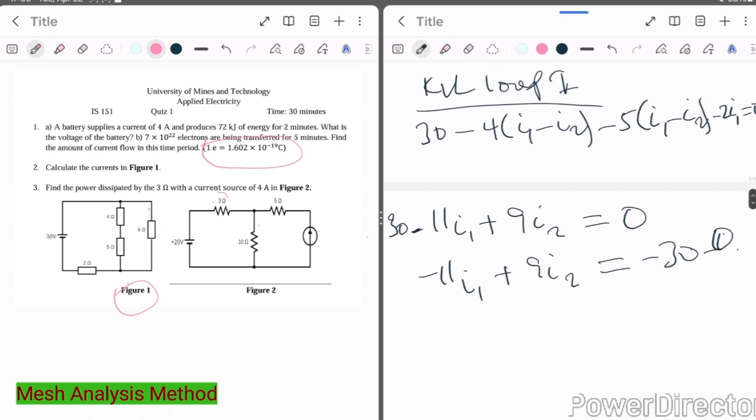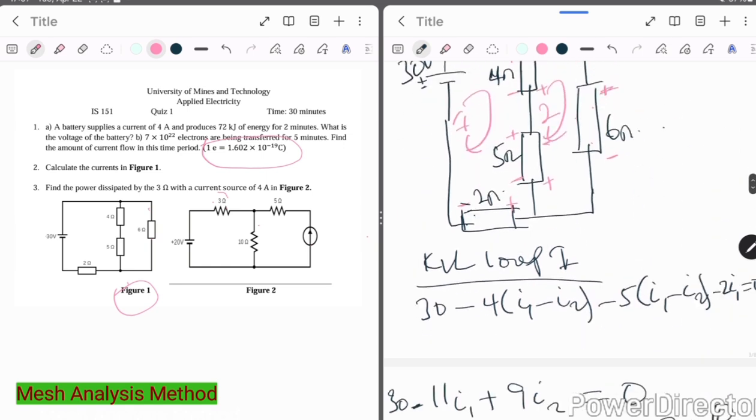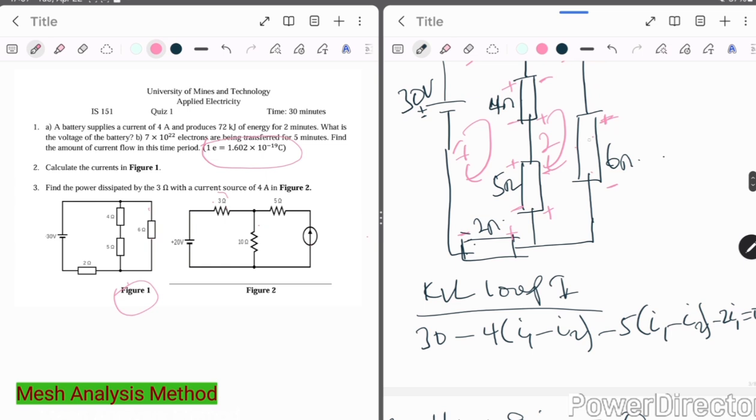We are going to get equation 2 by applying Kirchhoff's voltage law to loop 2. So I have my loop 2 here. Here too, we start from the voltage across the 6 ohm resistor, then come back to this end.